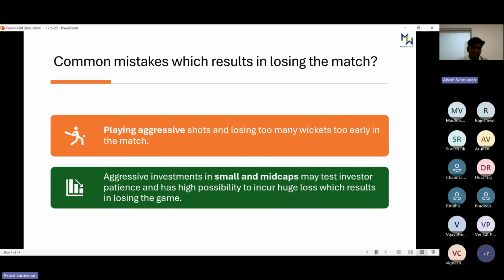You'll feel just an FD would be better. That is why, in the starting stage of your investment, it's better to play very carefully and slowly. And once you reach a particular level, then with the profits you make, you can rotate into riskier bets, or you can take outsized bets on the profit you make.